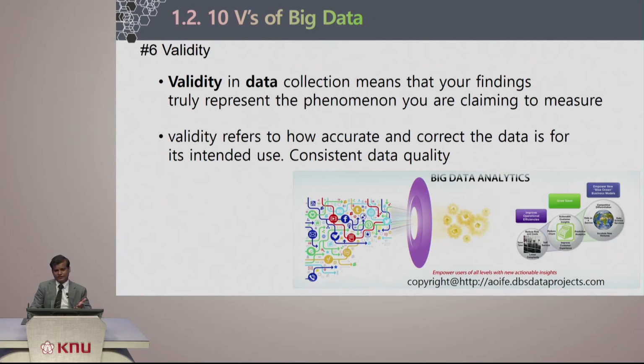Validity refers to how accurate and correct the data is. Apart from the consistency, the data quality is what is questioned here. The quality of the data should be validated. Or can we have a means to evaluate and validate this data? That's one of the questions to be considered.